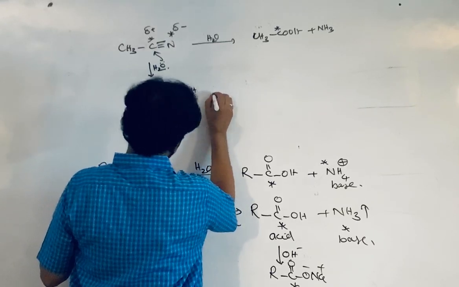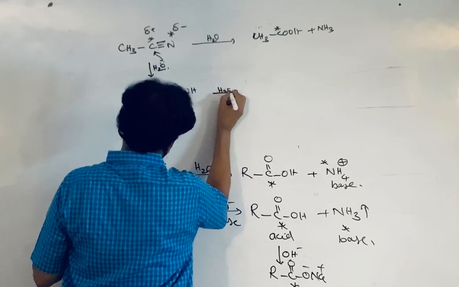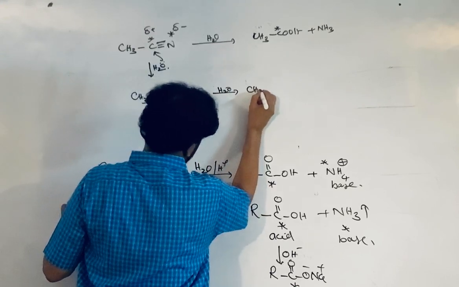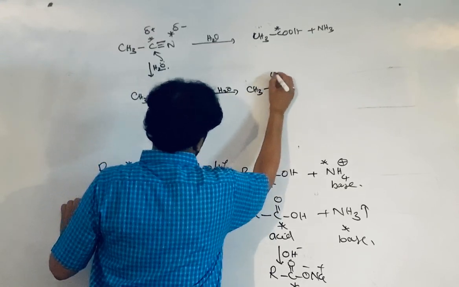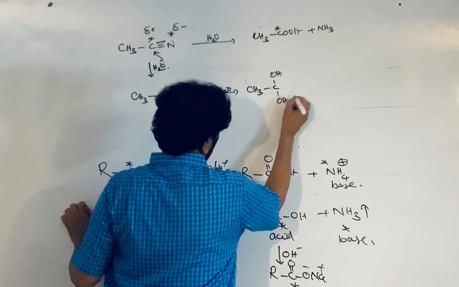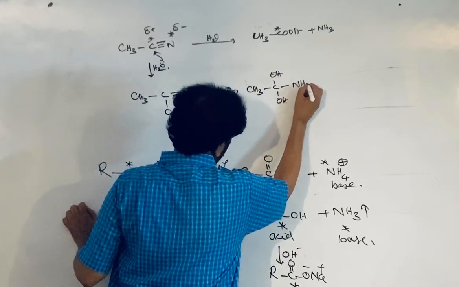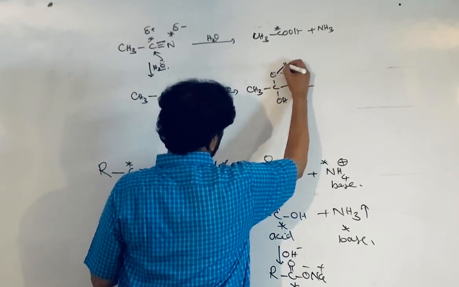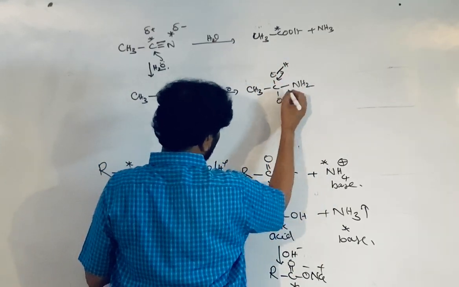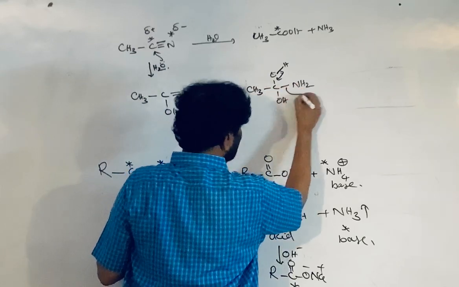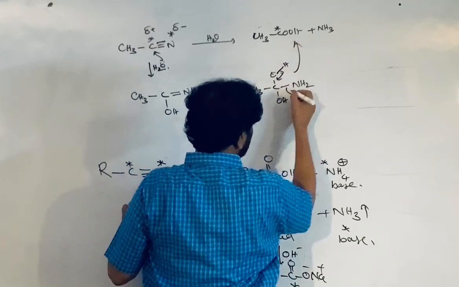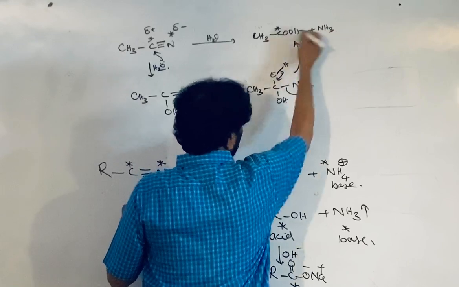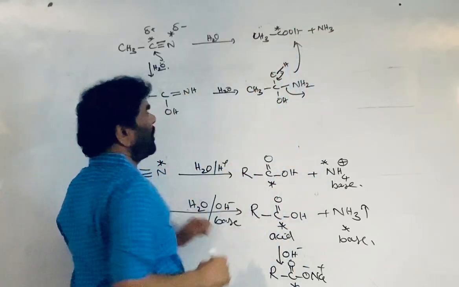And when the imine is formed, another molecule of water adds on this CH3, that is OH, and the imine is converted into this. Now two OH groups cannot exist on the same carbon, so this is going out in the form of ammonia and this is coming out in the form of acetic acid.